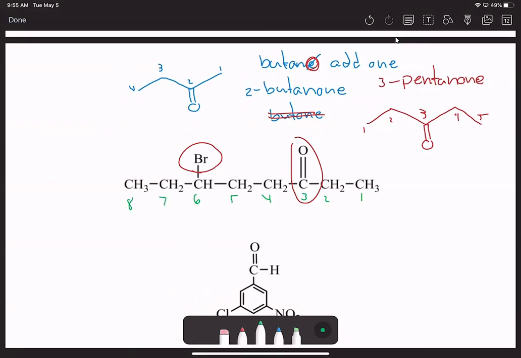Just to make sure there's no confusion, because sometimes students assume, from what we have from aldehydes, that this is carbon number 1 and that this is an ethyl group, and that's not what we're doing. There's just a little bit of confusion there. So we're numbering this 1, 2, 3, 4, 5, 6, 7, 8.